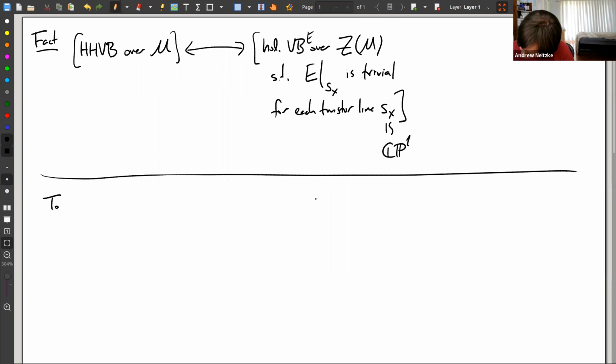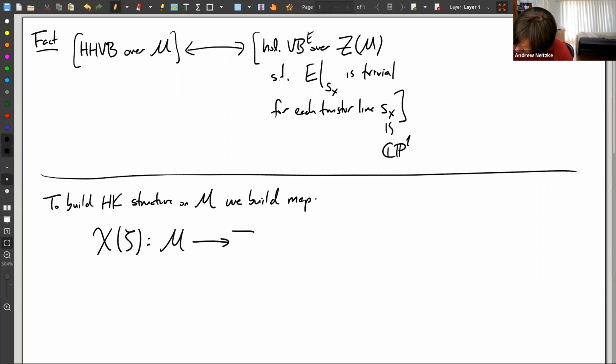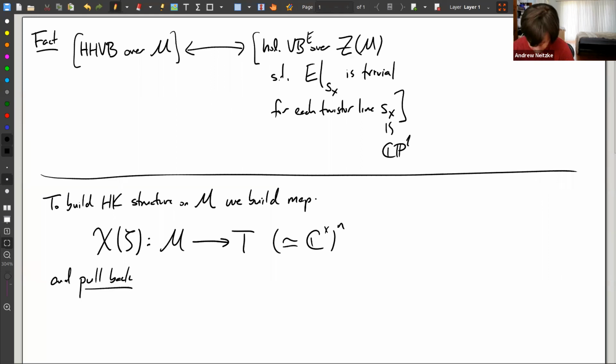So to build the hyperkähler structure on M, the way we did it was we built a map x of zeta from M to a torus. And then we pulled back. So I'm re-saying what I said before.